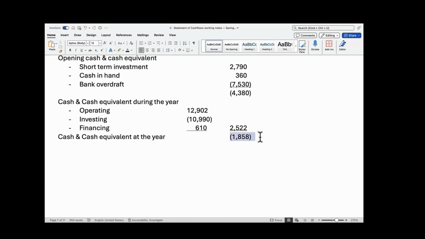And to confirm that, you compare this with the cash and cash equivalents in the SOFP, which comprises the short-term investments, the cash in hand, and the bank overdrafts.